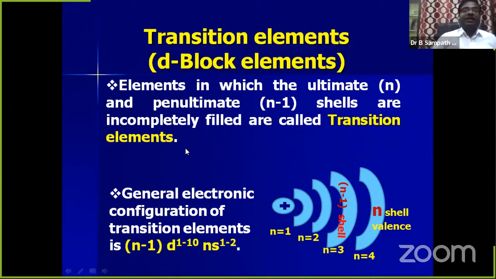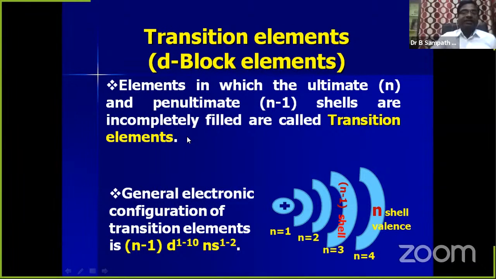The next type of elements is transition elements. So children, what are the transition elements? The elements in which the ultimate, ultimate meaning the last, that is the nth shell, and the penultimate, that is the n minus 1 shell, are incompletely filled are called transition elements.